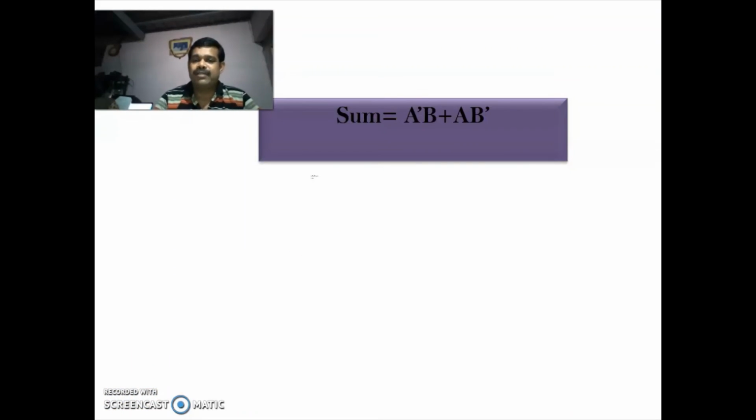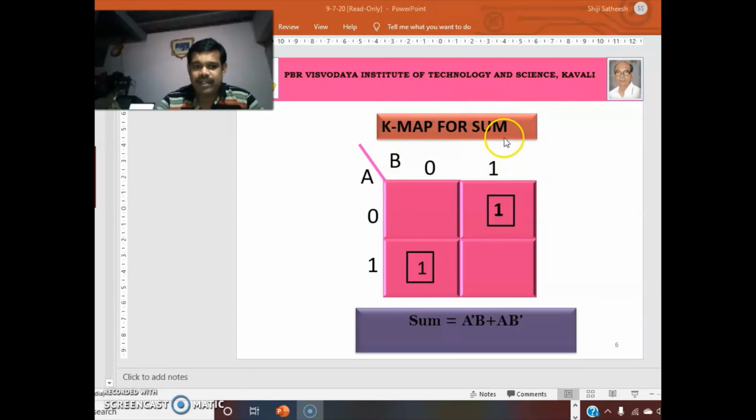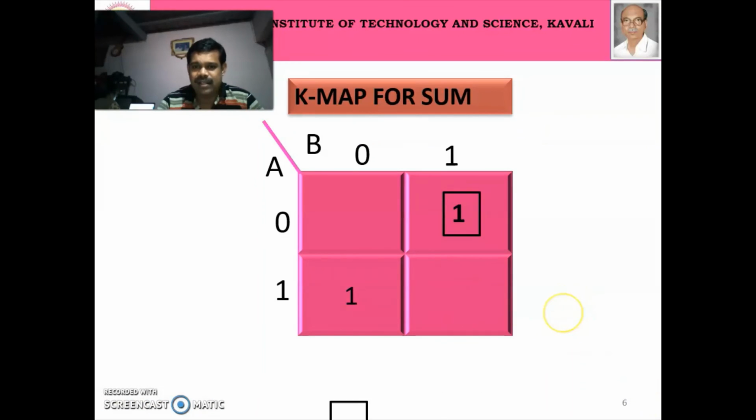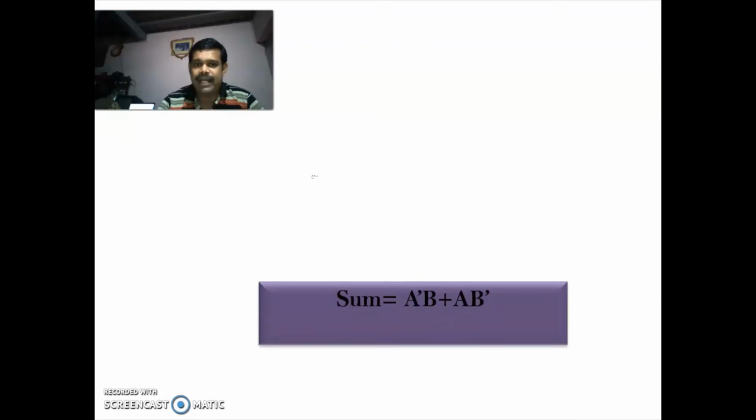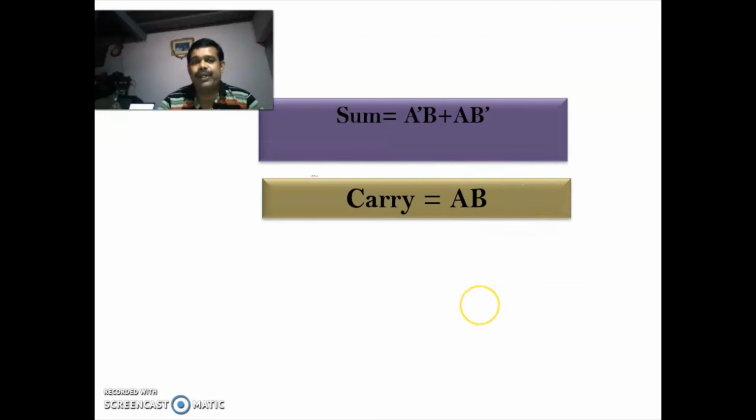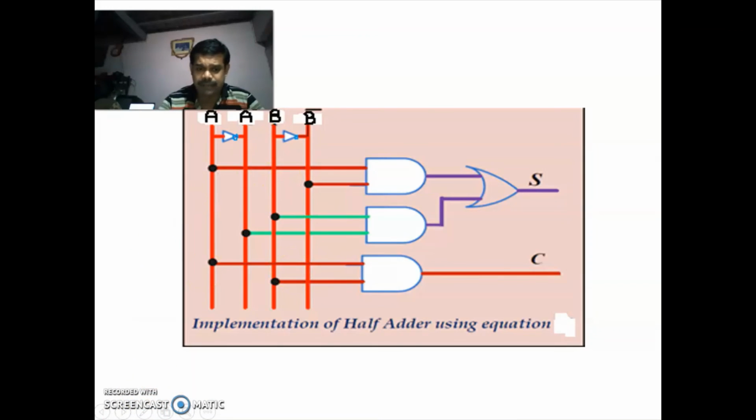The expression for sum is A bar B plus A B bar, and the expression for carry is A B. Previously there is an error. I have written it as carry. So this is not carry, it is sum equal to A bar B plus A B bar, and carry is A B. Now we are going to implement.